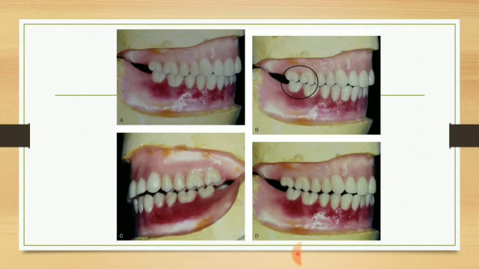In figure C, again in case of lateral movement, there is disclusion of the anterior teeth and premolar area, but the contact is still maintained in the molar area. And in figure D, in case of protrusion, there is still contact maintained in the molar area.